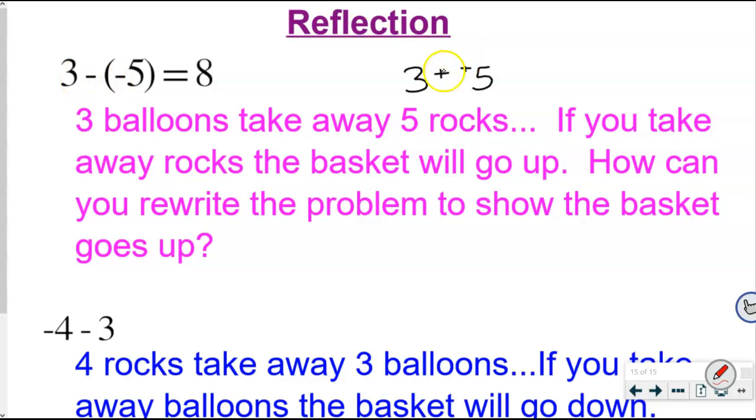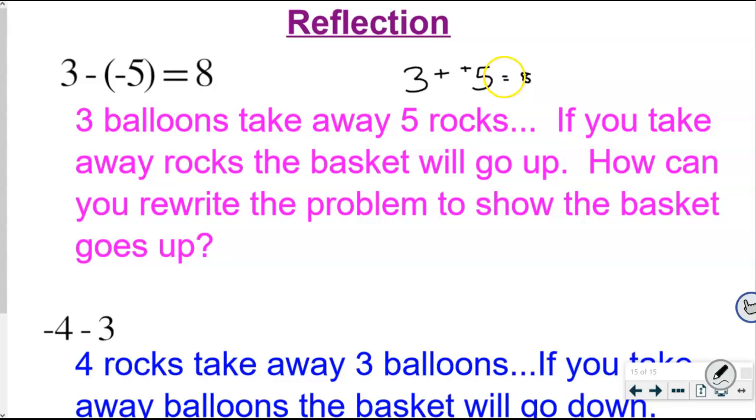Okay? And what is going to be easier? How long have you been taking away negatives? A whole day, right? How long have you been adding positives? A long time. So which is going to be easier to do in your brain? I think adding the positives. So can you make that change? 100%. 3 plus a positive 5 is equal to a positive 8.